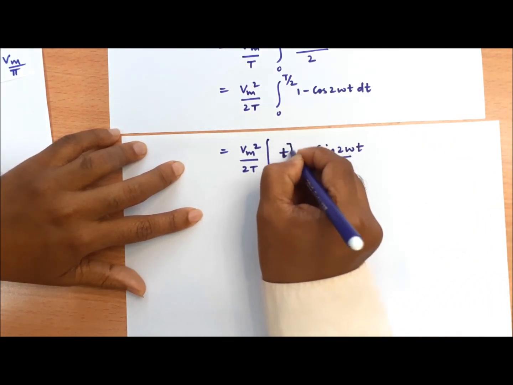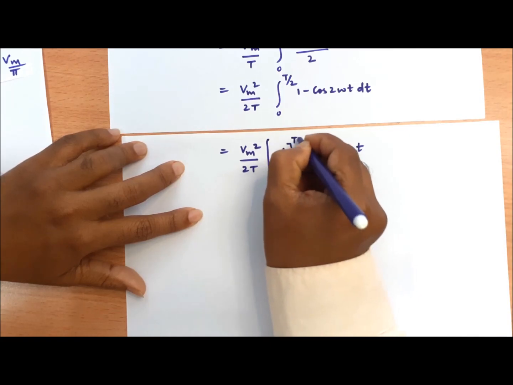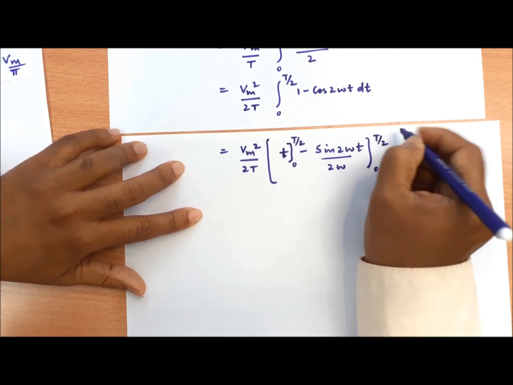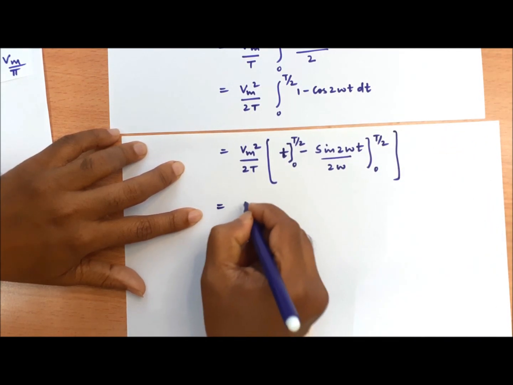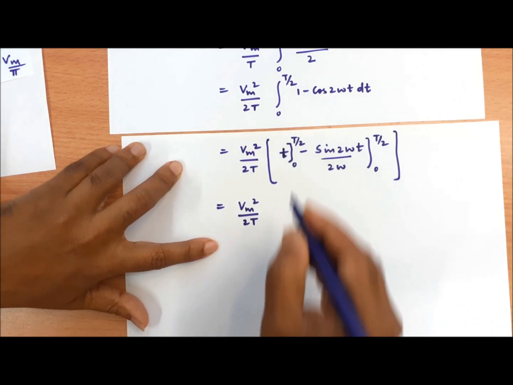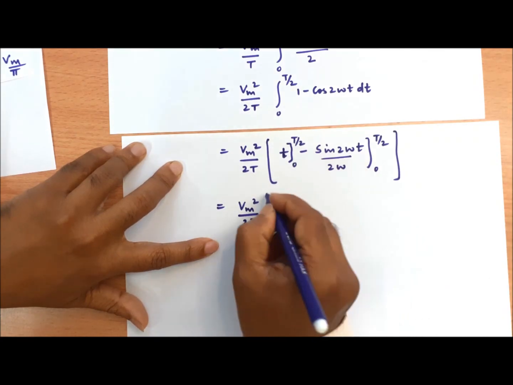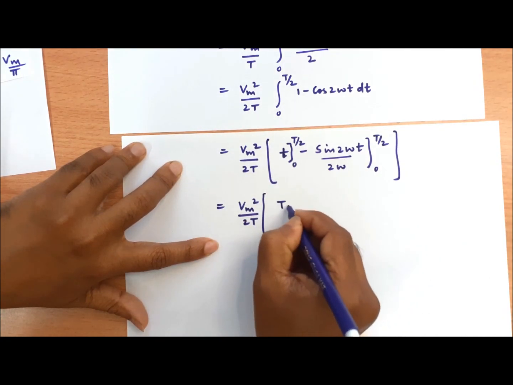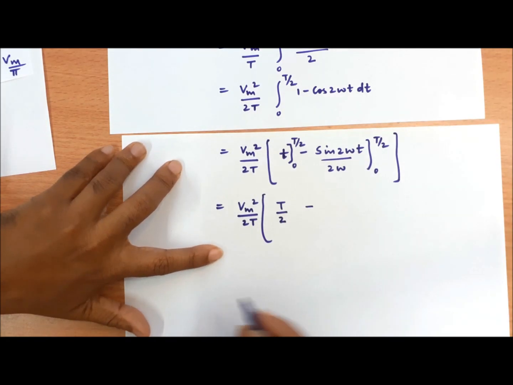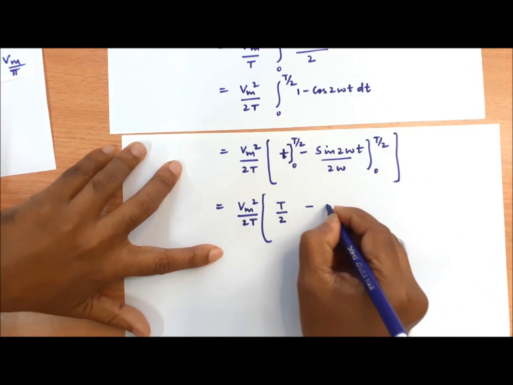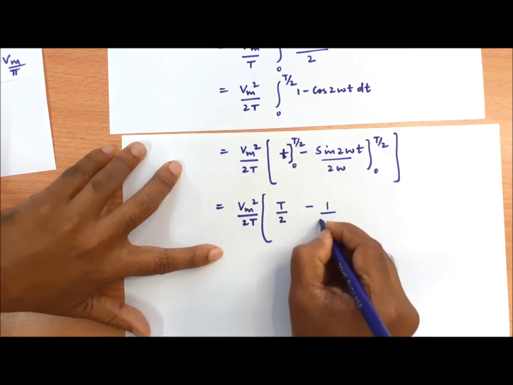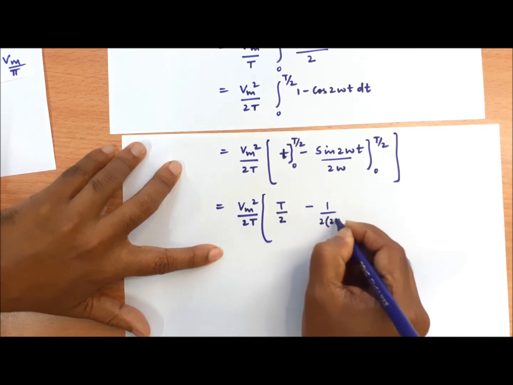I'll have to substitute the limits, 0 to T by 2. Then Vm square by 2T, let me just keep it as it is. When I substitute the limits, I will be getting T by 2 minus 1 upon 2 omega, where omega is 2 pi by T.